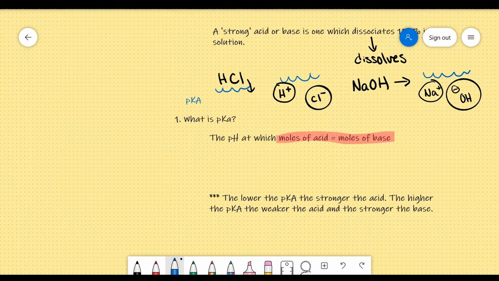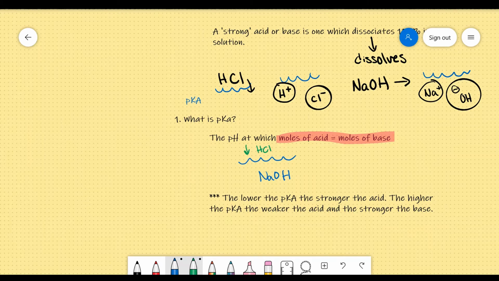We do this by adding either an acid to a base or a base to the acid, depending on what we're starting out with. So let's say we have NaOH in solution and we don't know the concentration. So we're going to add some amount of HCl. Okay, and this is going to react out to form neutral water eventually.